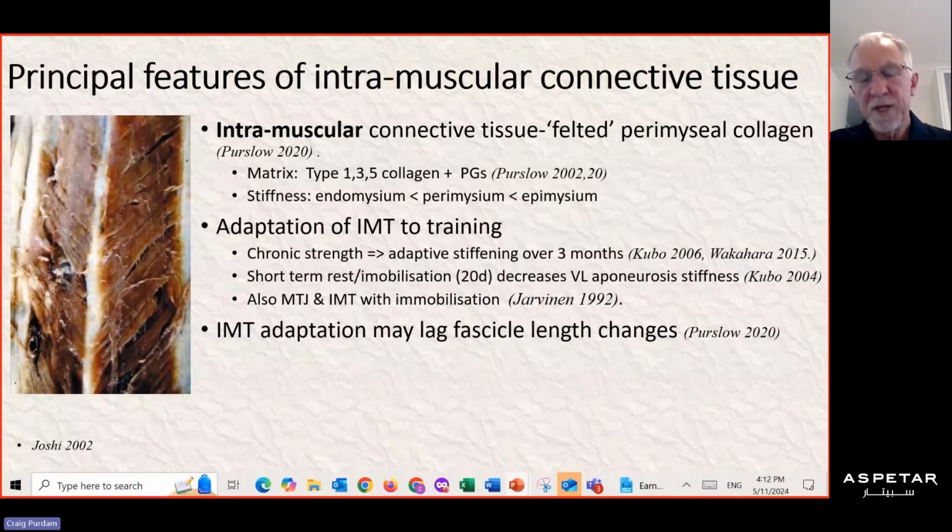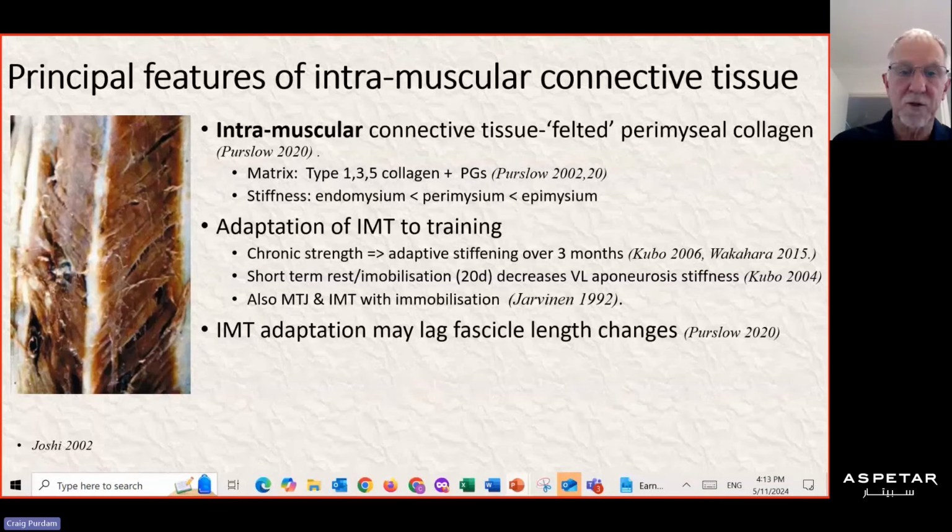Some very good work's been done over the years in showing that chronic strength type stimuli lead to adaptive stiffening over periods of 3 months plus, both for Kubo and also Wakahara looking at vastus lateralis. Short-term rest of these structures, in fact only about 20 days or so, leads to decrease in stiffness, and Järvinen found something similar too.